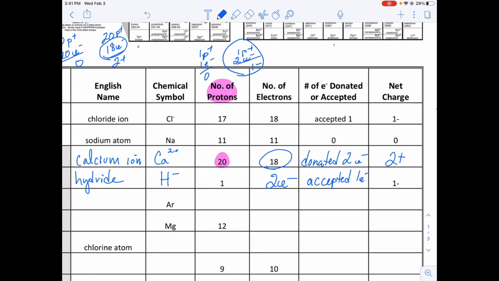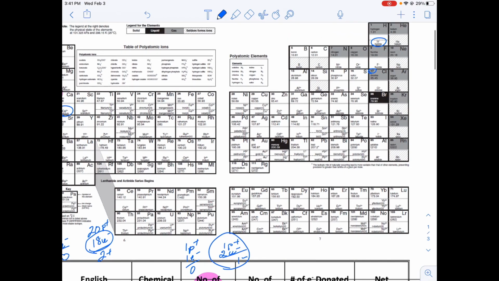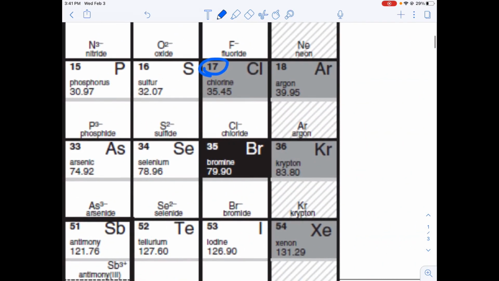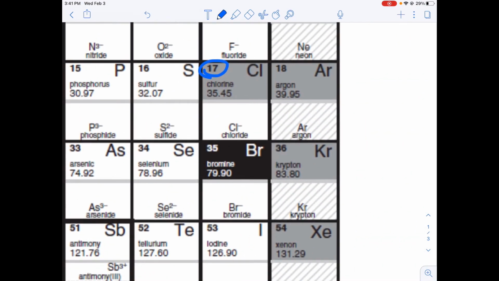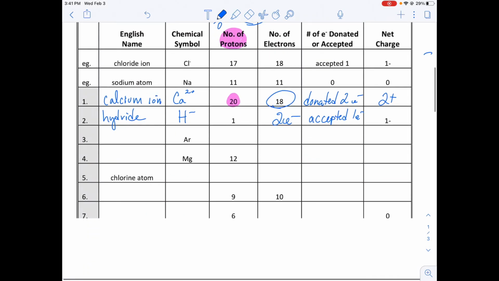Now, argon is on the periodic table, and we've got to scan and look around. Argon happens to be a noble gas, and it's up here. It has 18 protons. So this is an argon. Argon is always going to be an atom. So this is an argon atom. It's a noble gas.